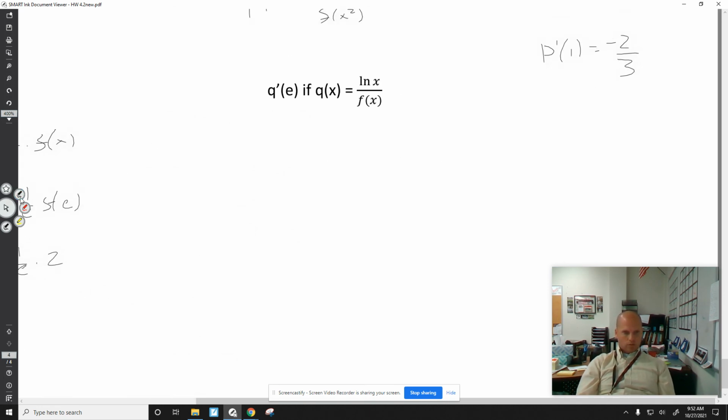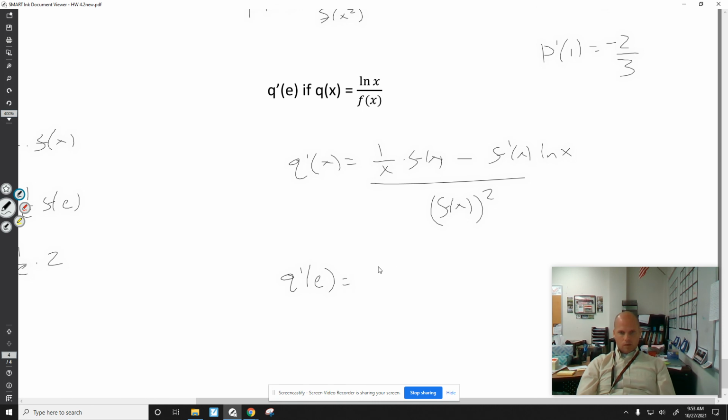And then quotient rule to finish off. Derivative of the top times bottom minus the derivative of the bottom times the top, all over bottom squared. Plugging in e again, I'll have f of e over e minus f prime of e times the natural log of e, which is just 1, over f of e squared.